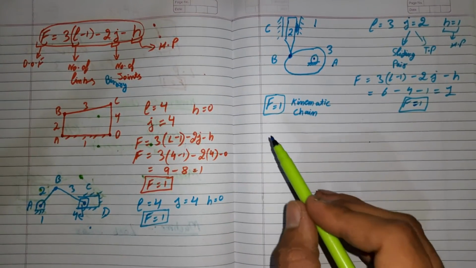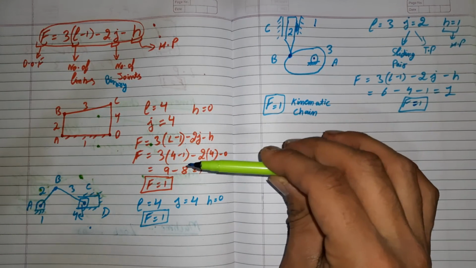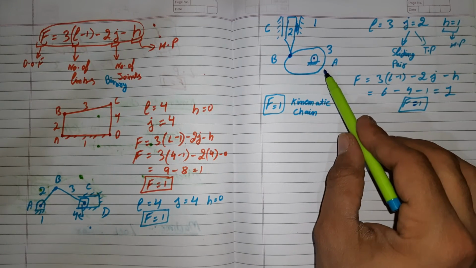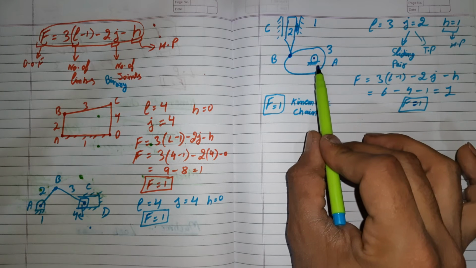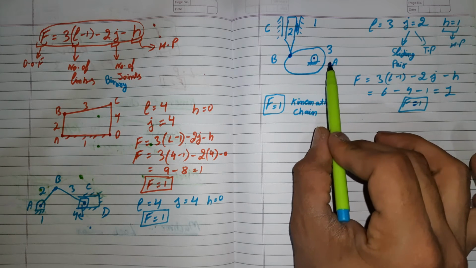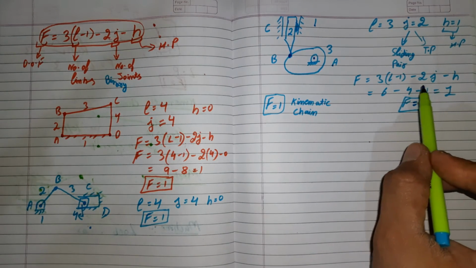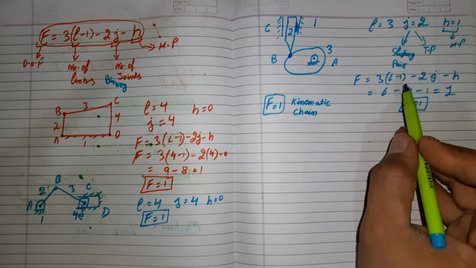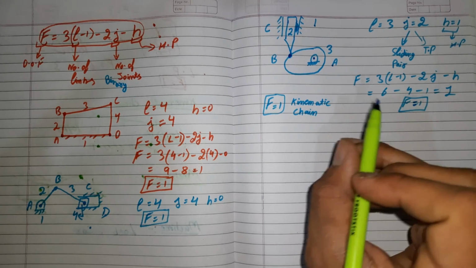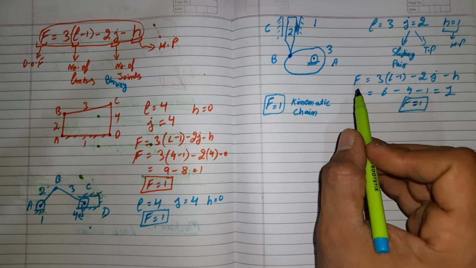These all form a mechanism. In all these cases we have one input, and against that one input we get one desired output. So that's why its degrees of freedom is 1, and that is why it is known as a kinematic chain or constraint chain.